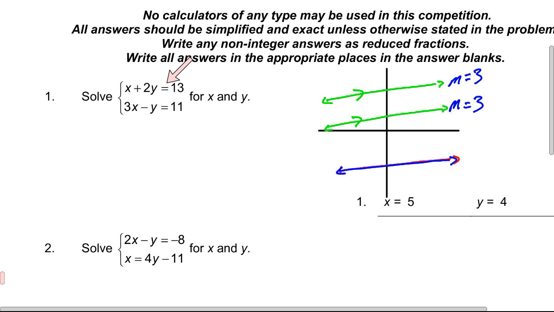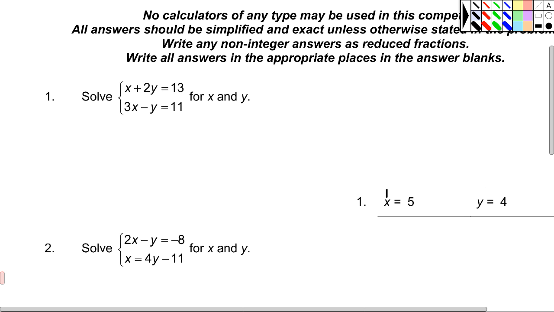Now you may look at it like this and they may appear to be different, but when you get both of them in y equals mx plus b form and they're identical, then you know you're dealing with the same equation, which means they intersect there and there and there and there. In fact, they intersect an infinite amount of times. So we would say there would be infinitely many solutions if we had 2 equations that were identical.